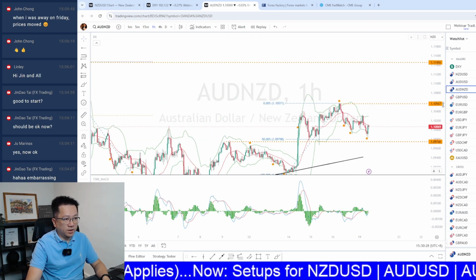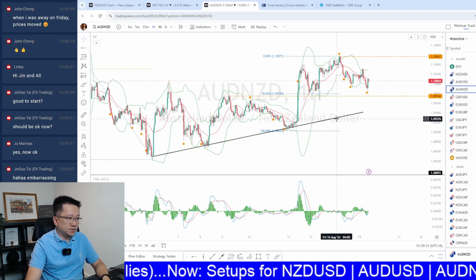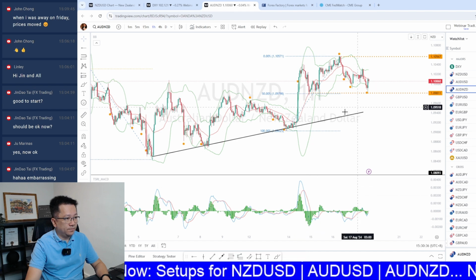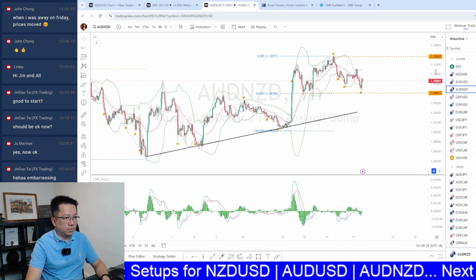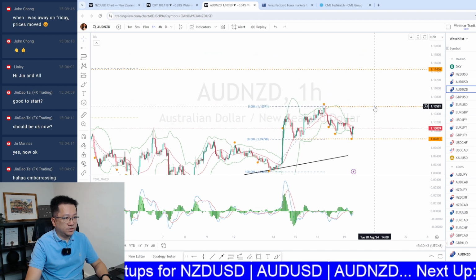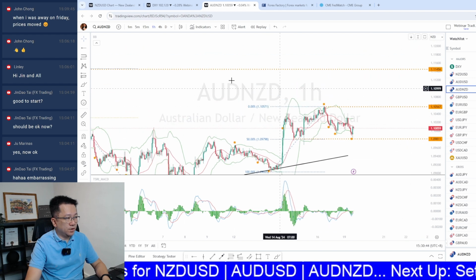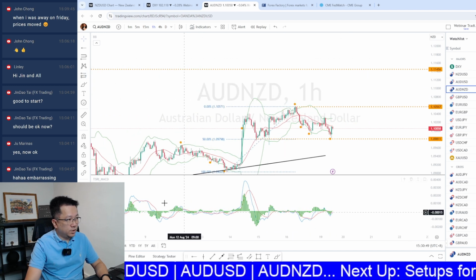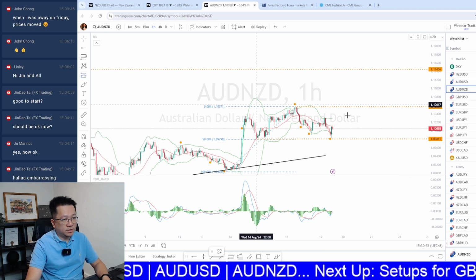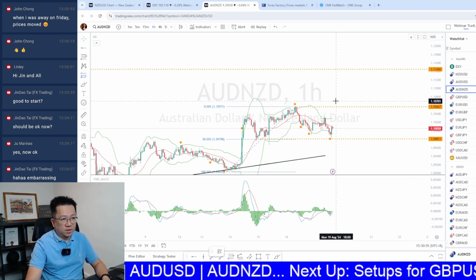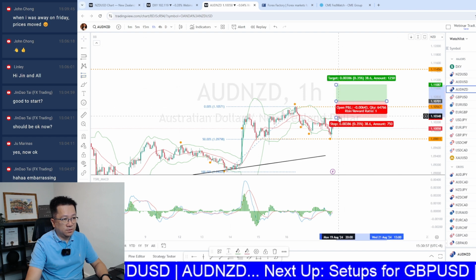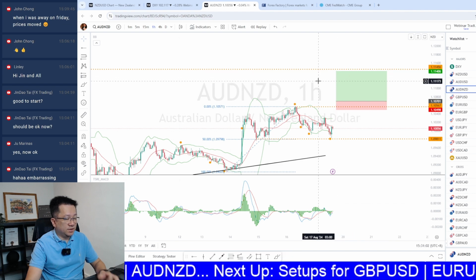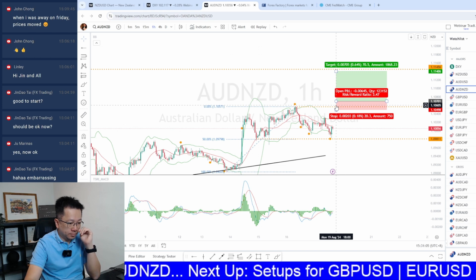Possibly what you want to be looking for is that if it breaks above 1.10560, we could trade it up towards that previous swing high, which you would be looking at about 1.1070, stop loss 20 pips, take profit 70 to the upside.